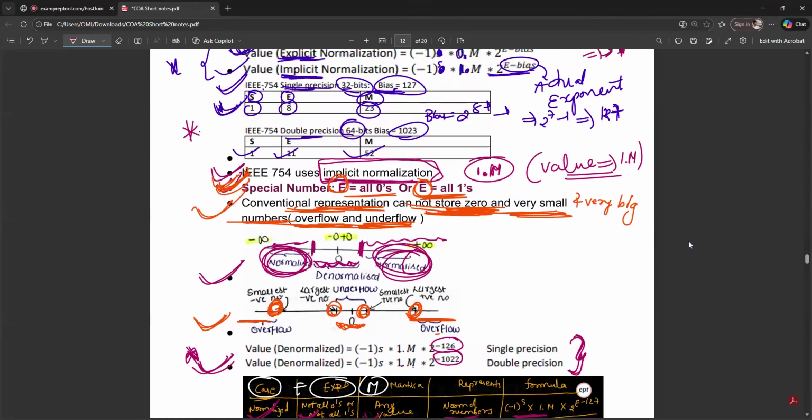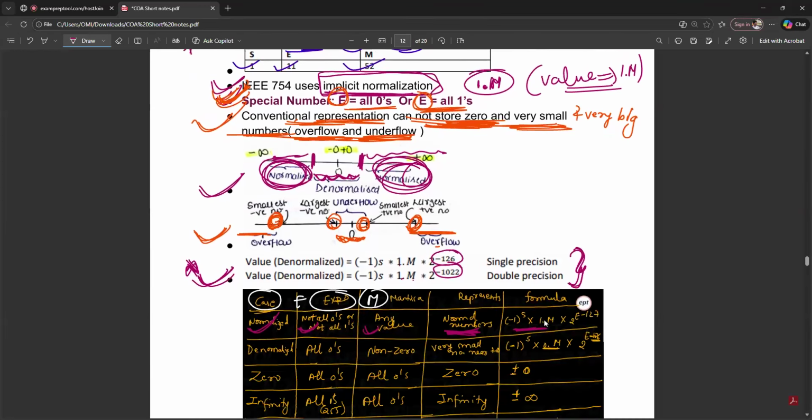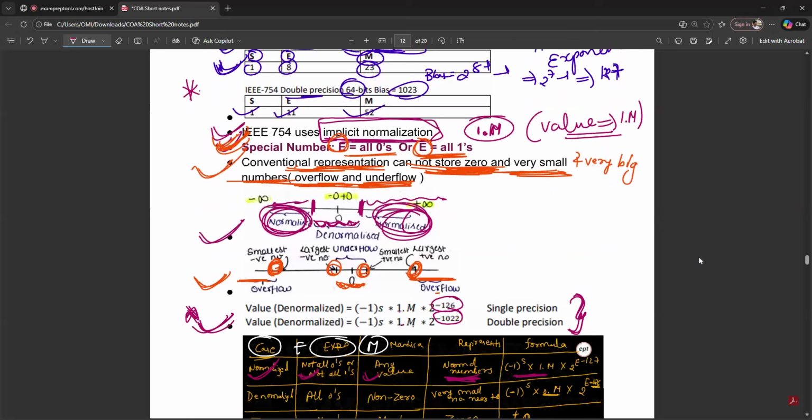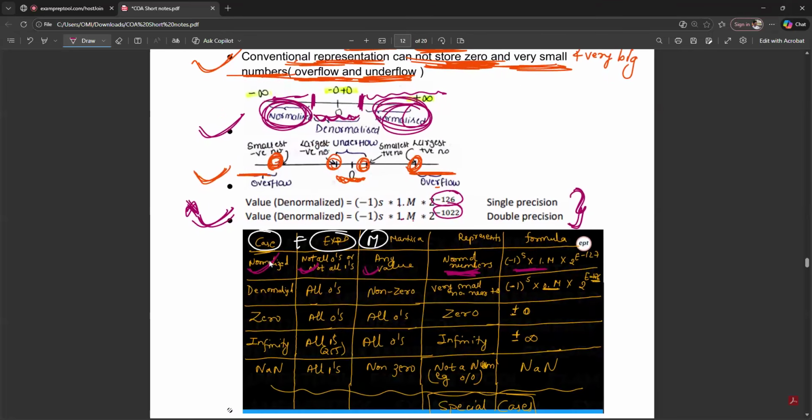For a normalized number the formula is this one, E minus 127 for single precision.